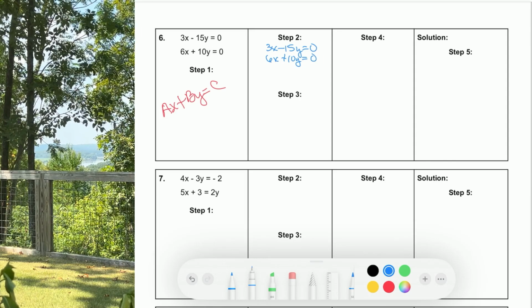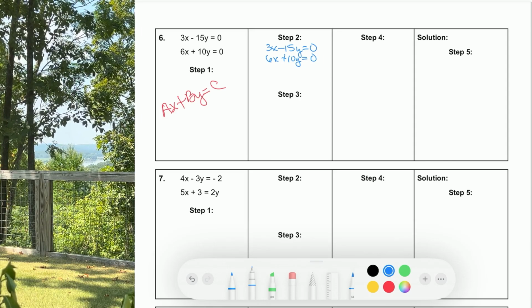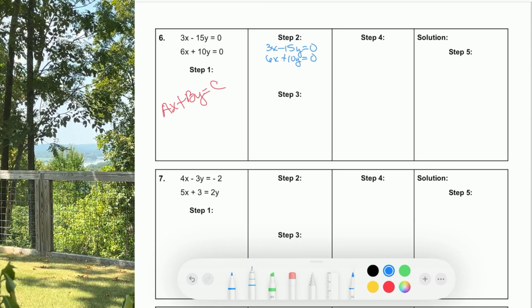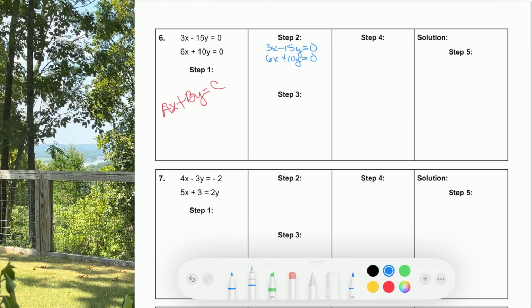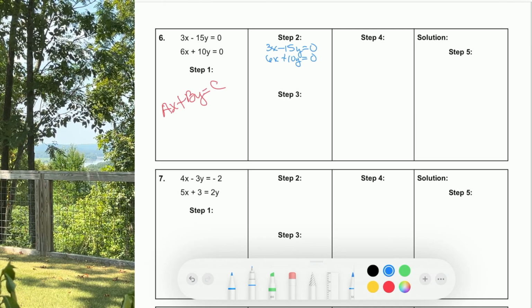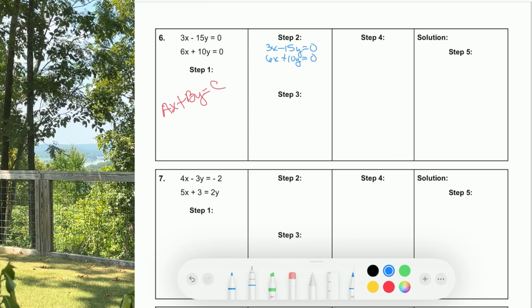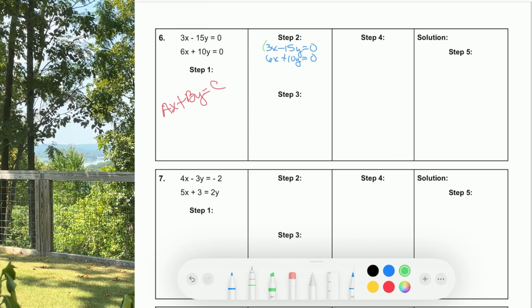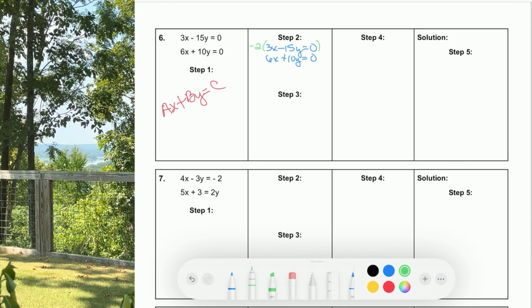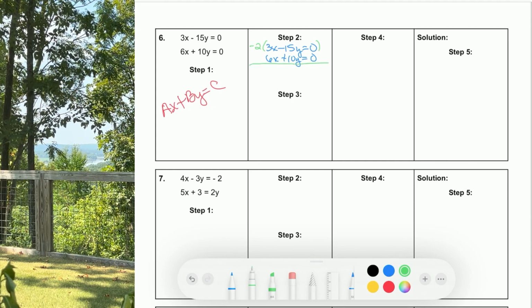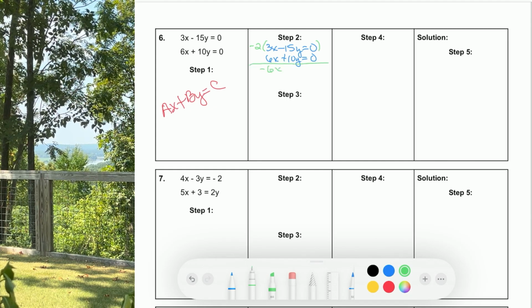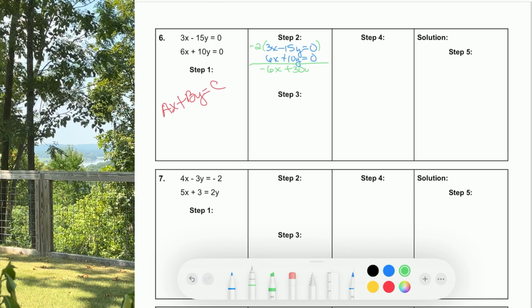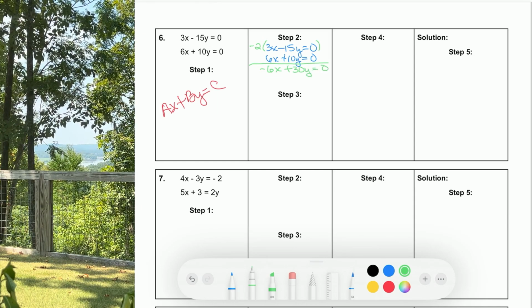We could get rid of our x's or we could get rid of our y's. If I choose my x's, I only have to multiply my top equation. So that's what I'm going to do. I can multiply this top one by a negative 2 to make that a negative 6 so that my x's cancel out. So I get a negative 6x plus 30y equals 0.